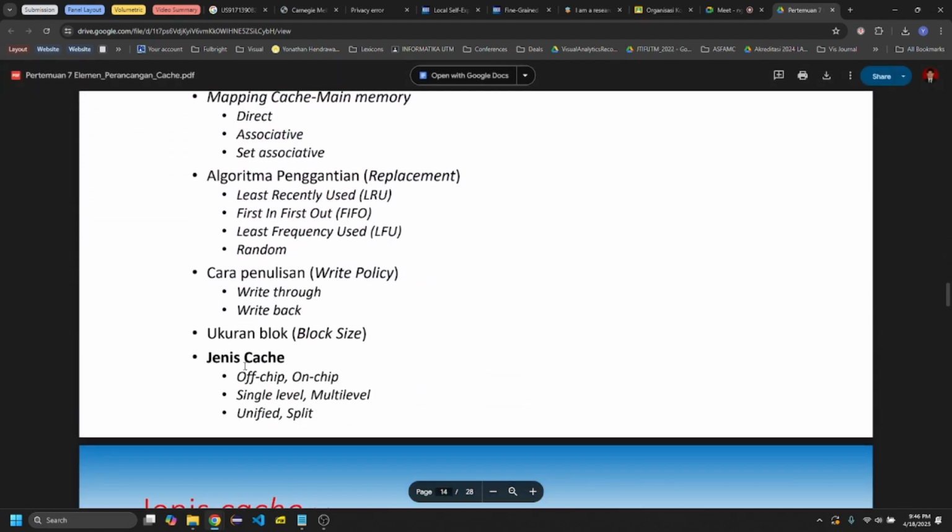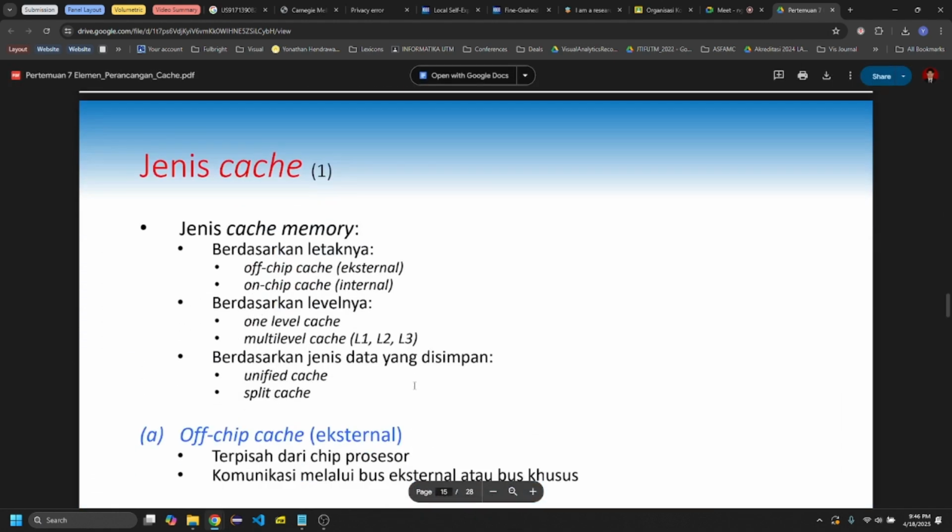Last one, last topic, cache types. Cache memory types. Based on the location, it has two types, external and internal. External is off-chip cache, internal is on-chip cache.